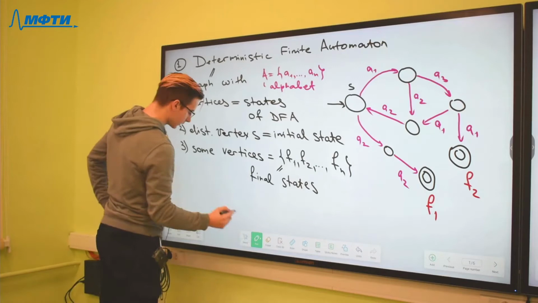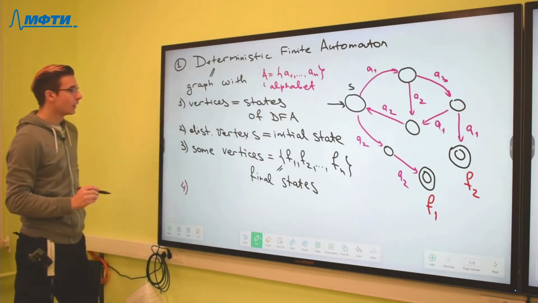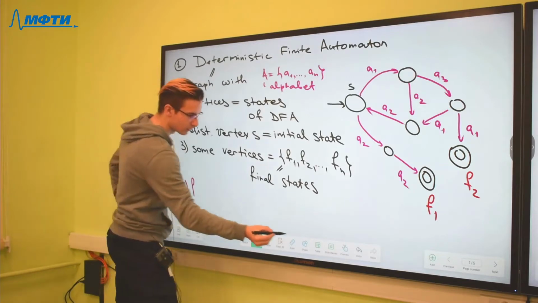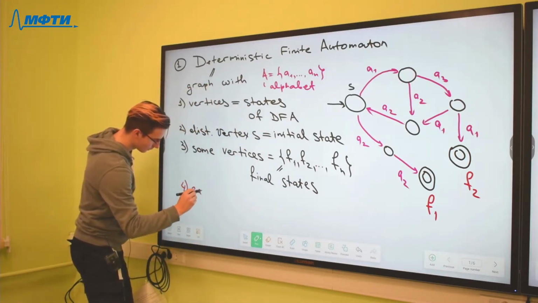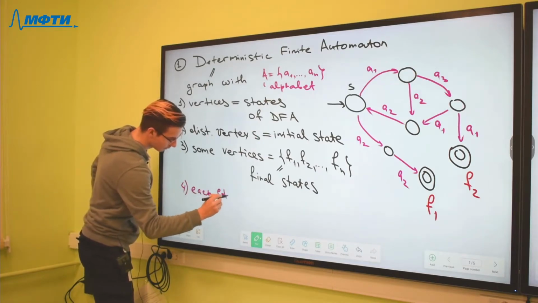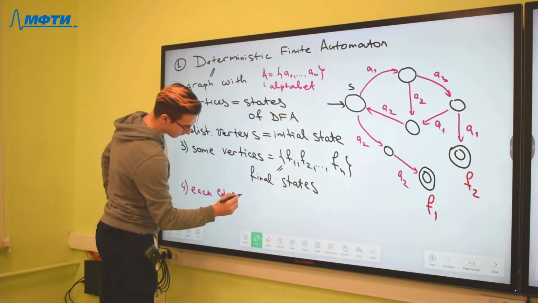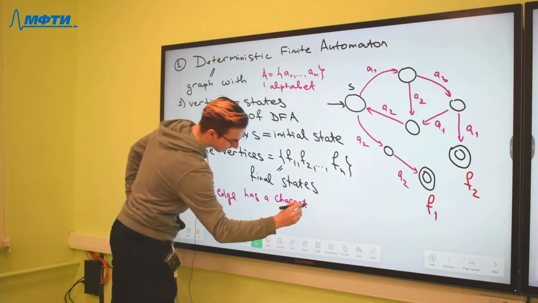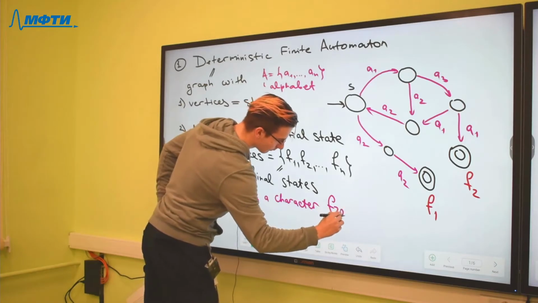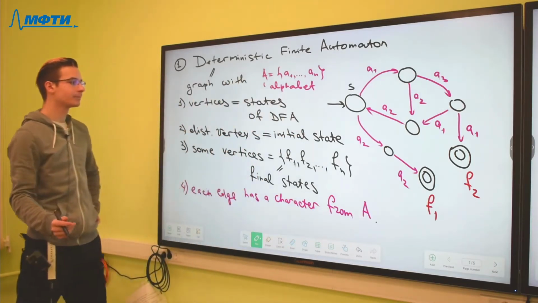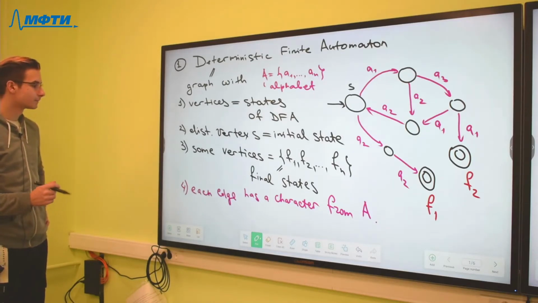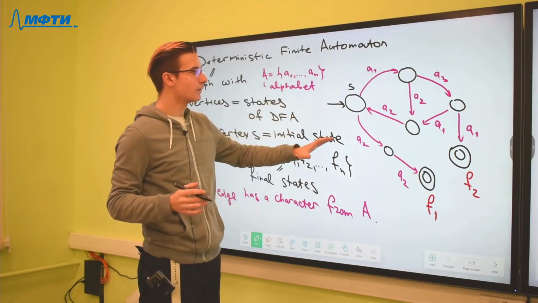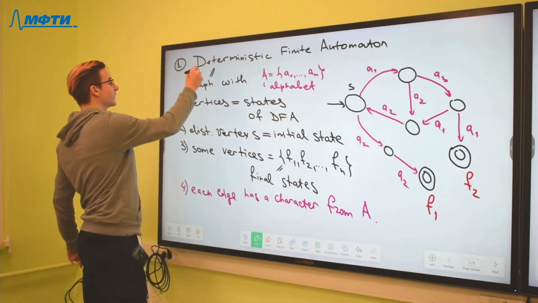So the fourth property of this graph, that each edge has a character. Why do we want to talk about this unique class of graphs, and why do we say that it is deterministic?